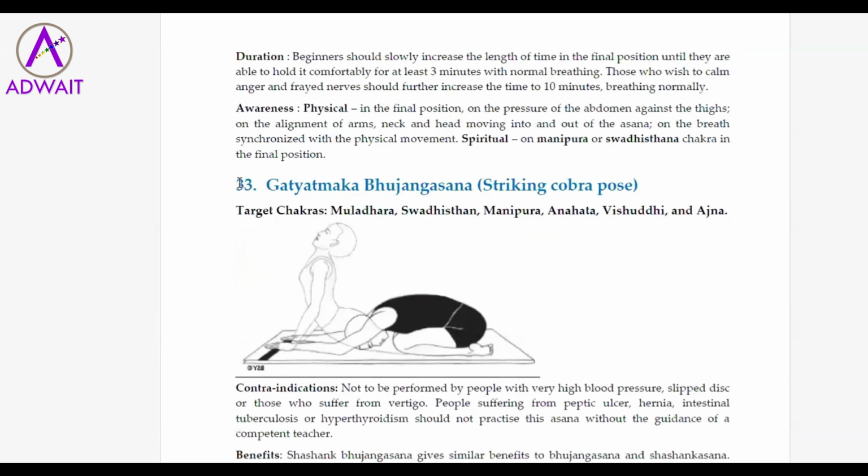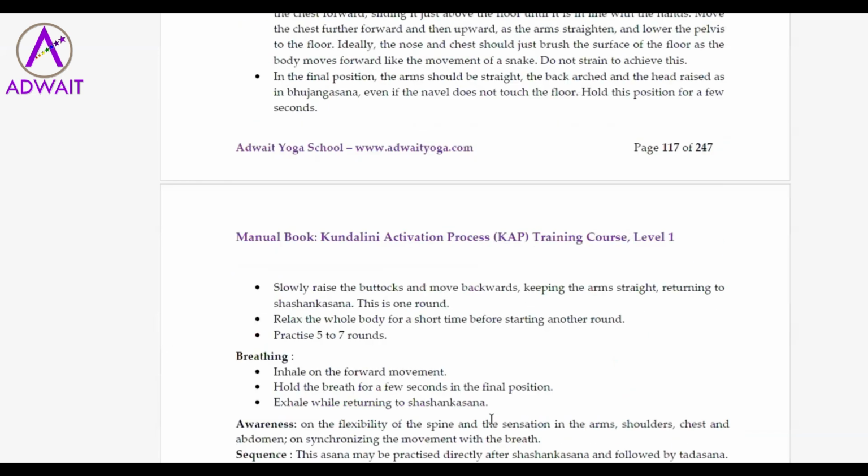And this number 33, striking cobra, is very helpful in toning the Sushumna channel. Inhaling, you come in cobra, and exhaling, you come in rabbit. This is a kriya. Through this kriya, you activate Sushumna very powerfully.